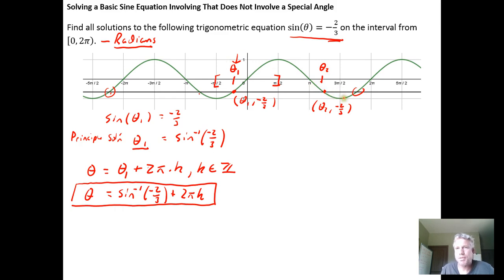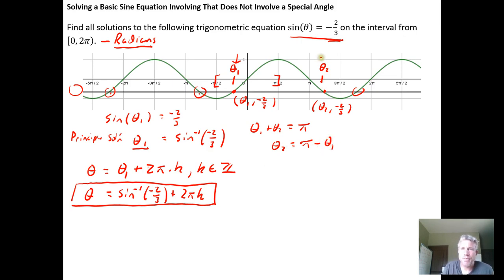Notice he's to the left of the trough, not to the right, and he's going to correspond to every intersection that is to the left of the trough. So we know from the previous video that theta sub 1 plus theta sub 2 equals pi radians, or 180 degrees, which means if we subtract theta sub 1 from both sides, we get theta sub 2 equals pi minus theta sub 1.